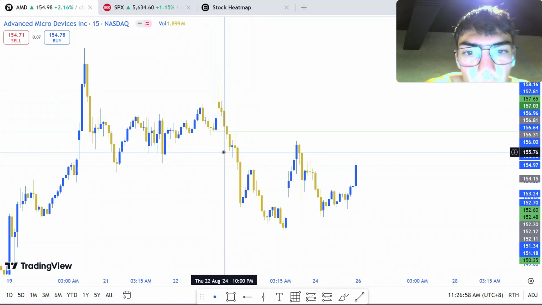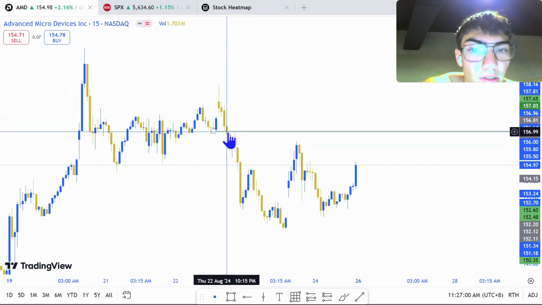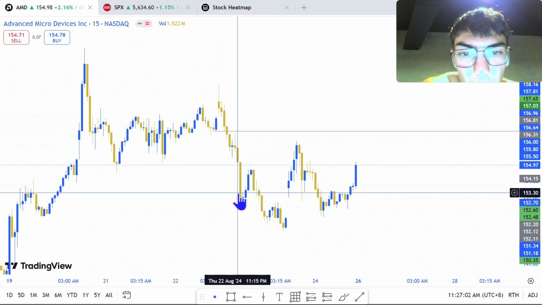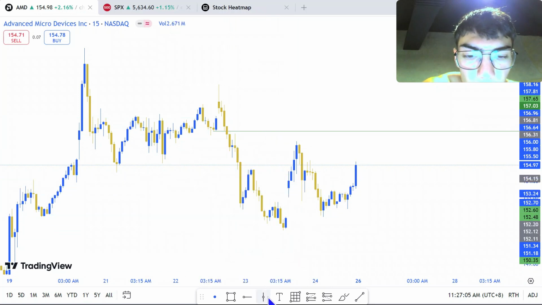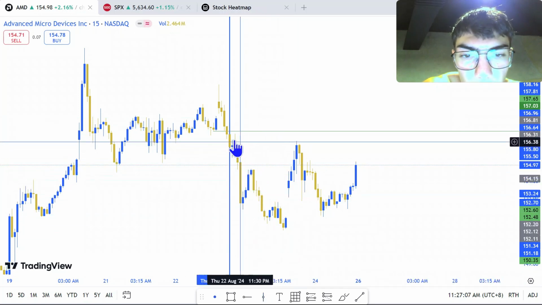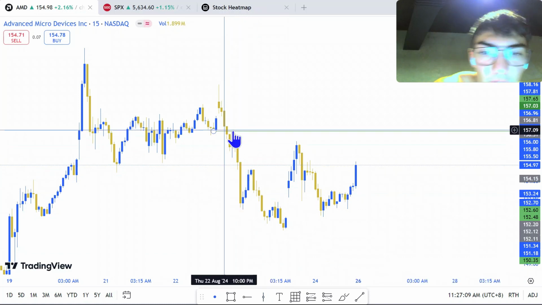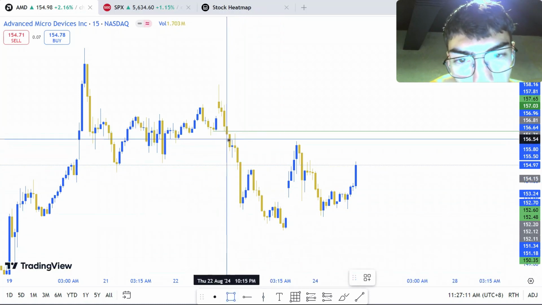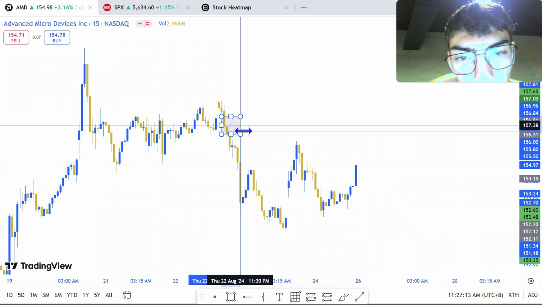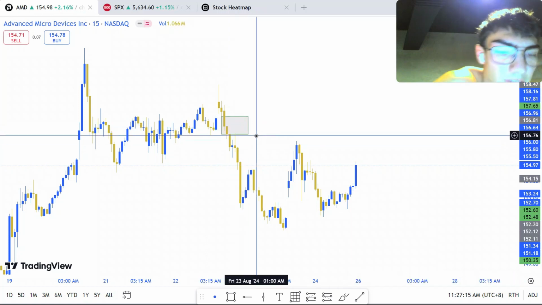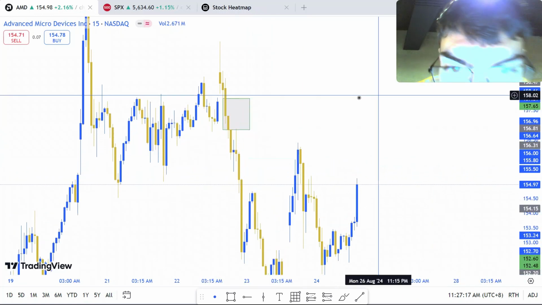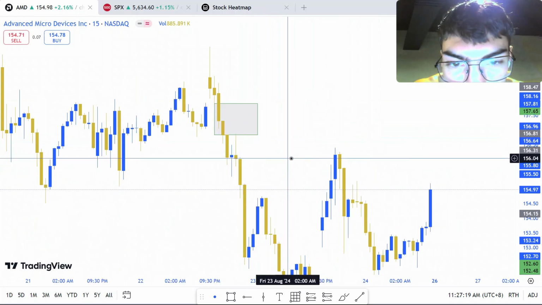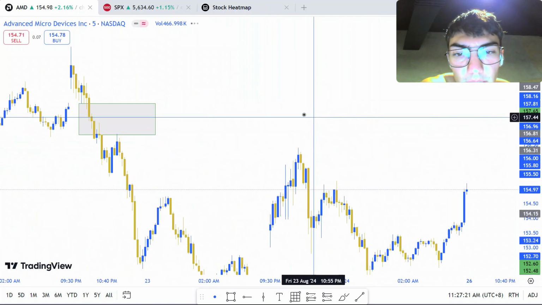Boom, broke structure to the downside on this candle because it closed below the low. Now let's go here. But what do you notice? You're like, I noticed a fair value gap. Boom. So once price taps into this fair value gap, you could go short, which it did right here, or you can go to the 5 minute to be safe.